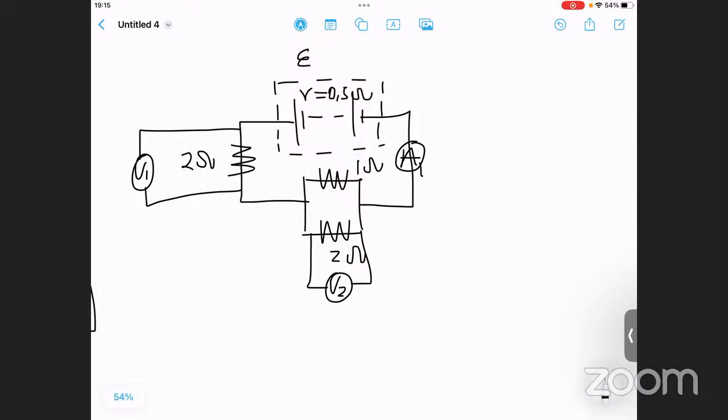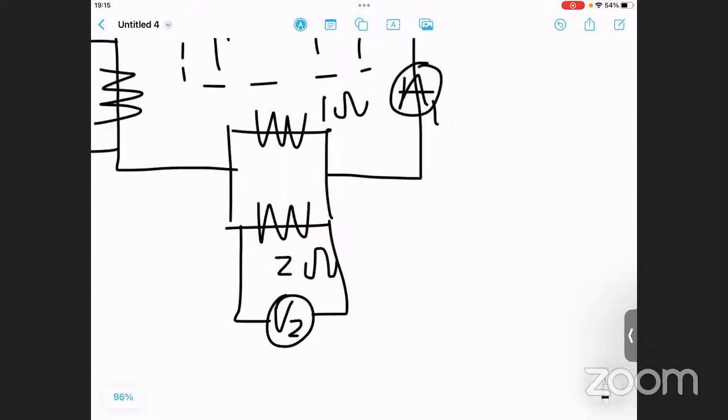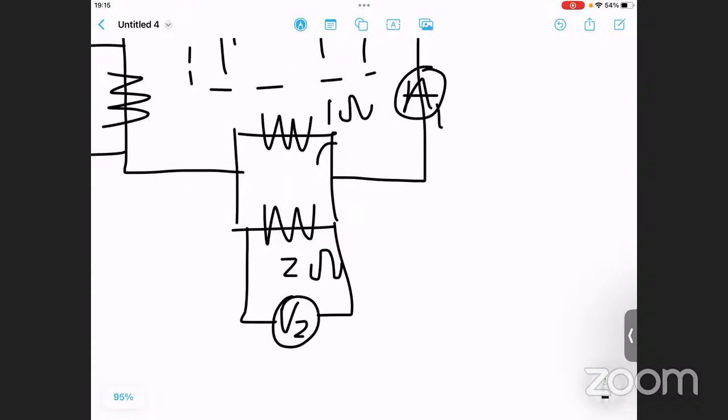I'm having a feeling that there is something I need to provide, which is the ammeter. I'll make it even more interesting. I will connect an ammeter there, and that will be ammeter number 2.